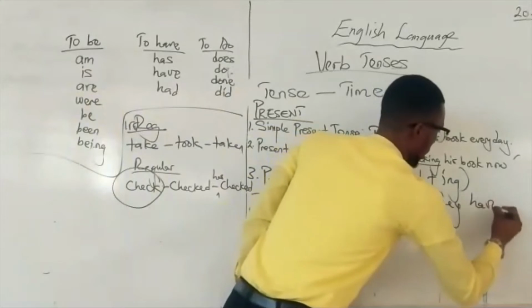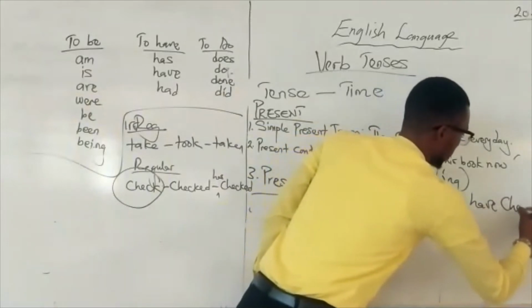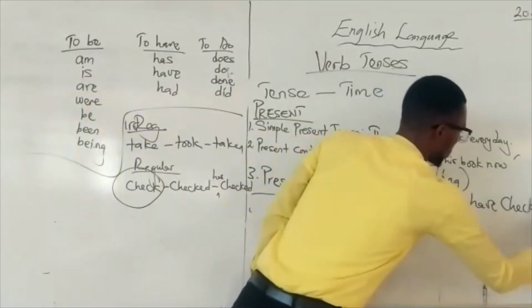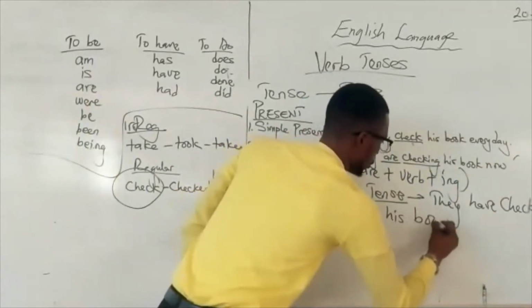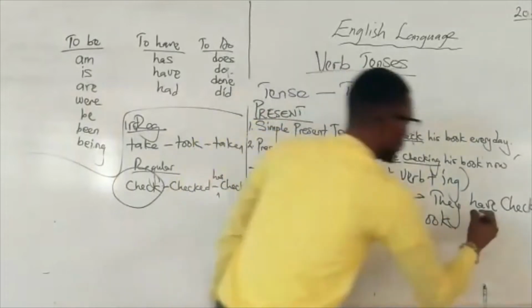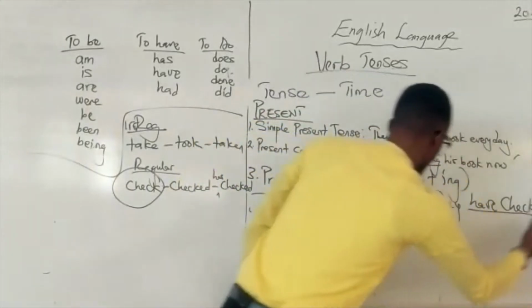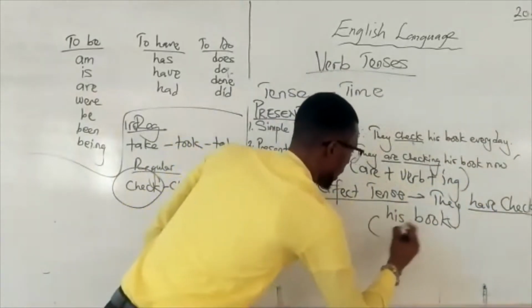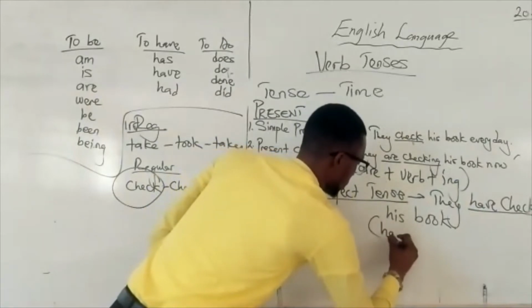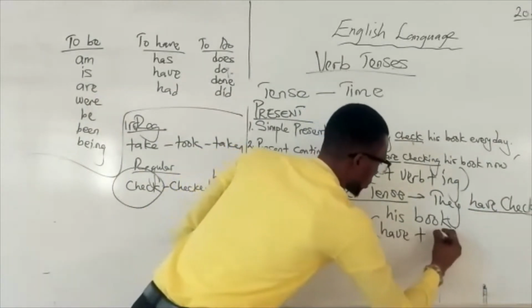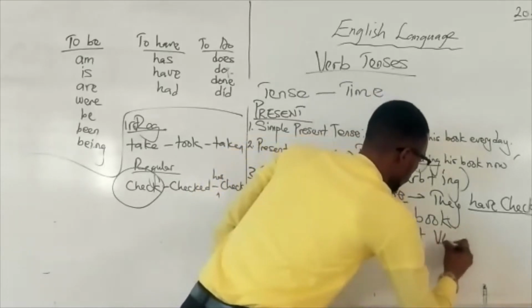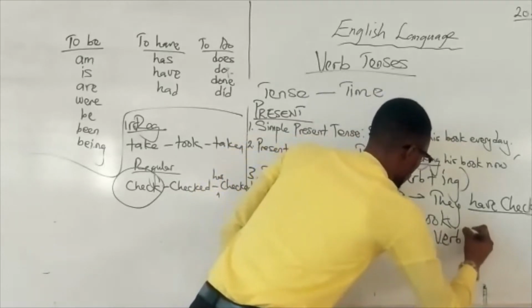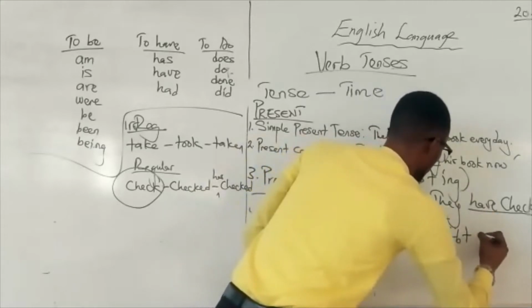They have checked his book. Now, see, have plus checked. You form it by using have plus the past participle form of the verb.